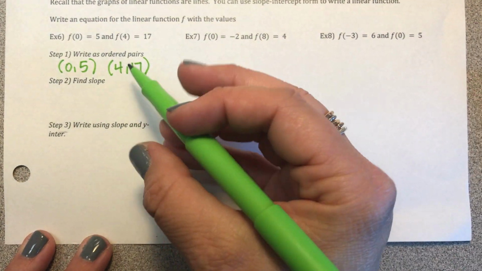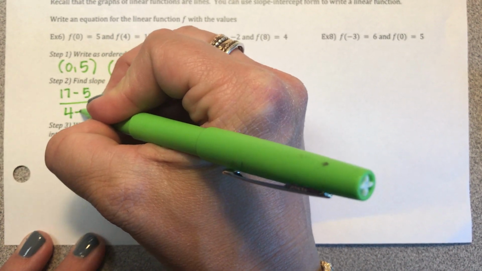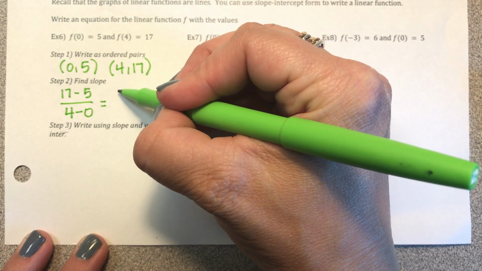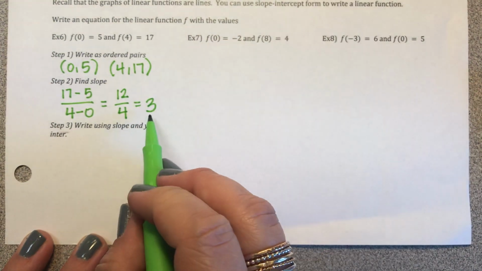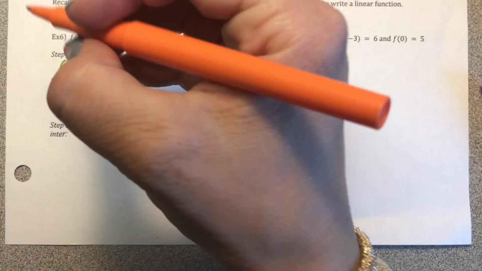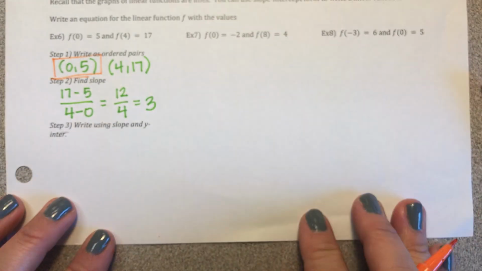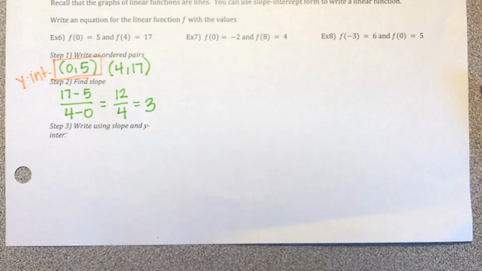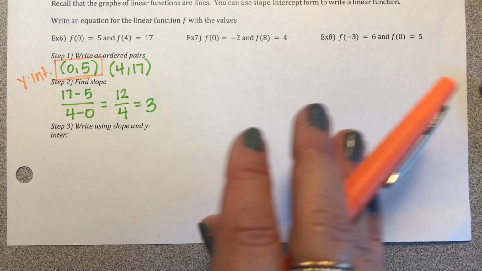Finding the slope, y2 minus y1 over x2 minus x1. So 17 minus 5 would be 12 over 4, which is 3. So we found our slope, and then what we need to remember is that if x is 0, whatever y is, that's going to be our y-intercept, because where it crosses the y-axis has to have an x of 0.